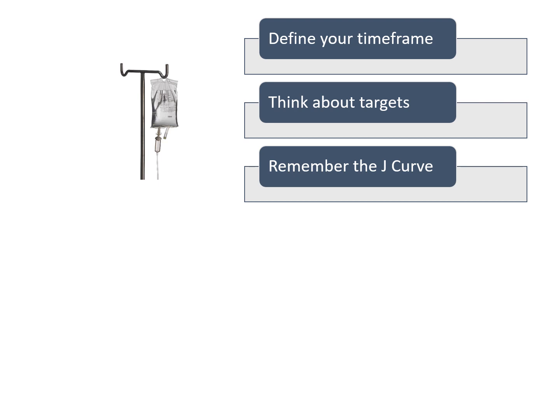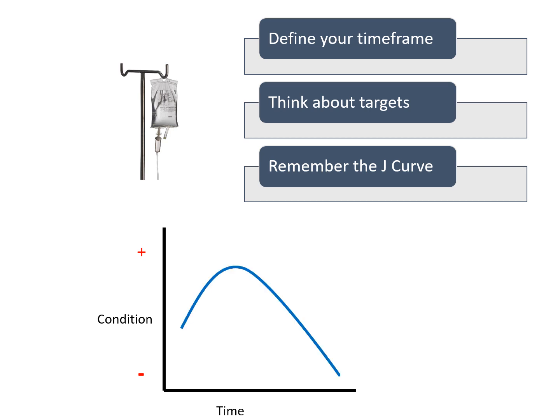This is actually an inverted or a reverse J curve. But if you can imagine that the patient's condition, which is shown there on the y-axis, is either good or bad, positive being higher, over time and with resuscitation, the patient will improve as you resuscitate. And then no matter how much you resuscitate, the patient will start to deteriorate if you haven't taken care of the cause.